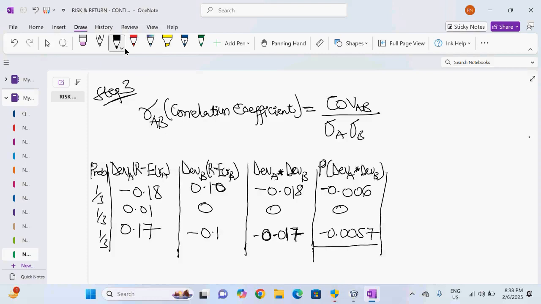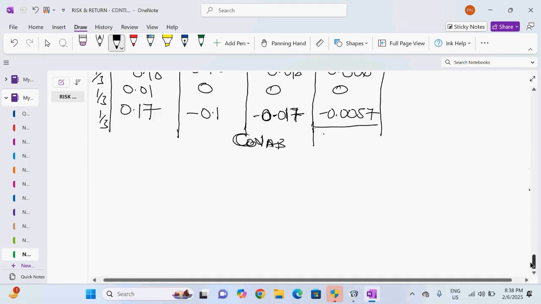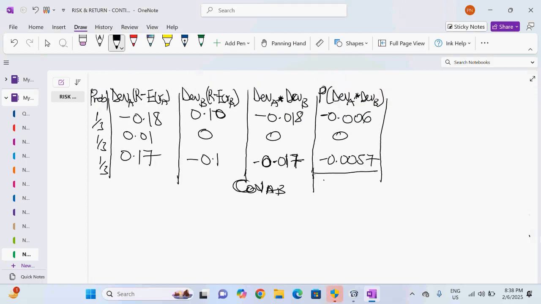Alright, so what will be the total? The total is the covariance. Negative 0.0117. You see?